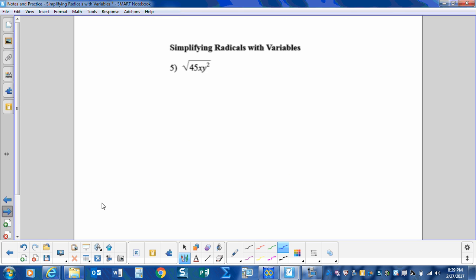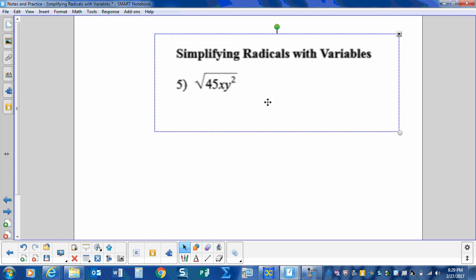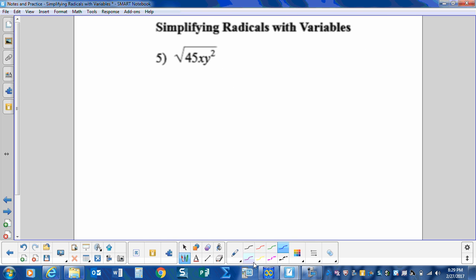So let's practice some. So here we have the square root of 45x times y squared. So let's rewrite this. Let's think of this as separate. We have the square root of 45 times the square root of x times the square root of y squared.